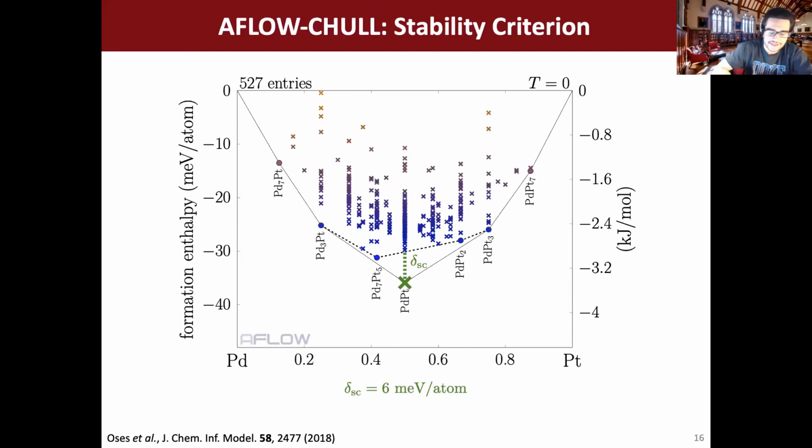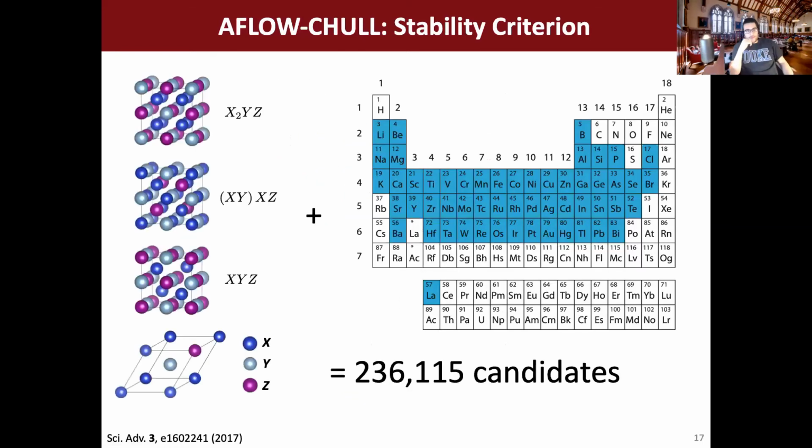Okay, so if this distance is very large, then given that we've converged the hull, it's not going to be too likely that we're going to find another point that's going to remove it from the hull because it's more stable. Okay, so it's a heuristic, but we've actually been able to leverage this heuristic.